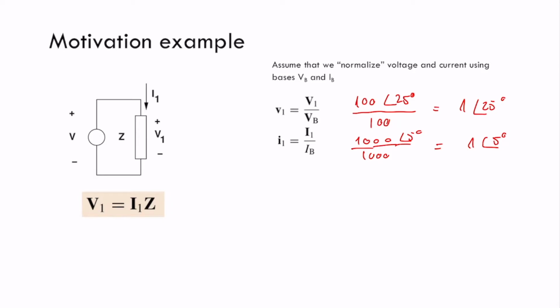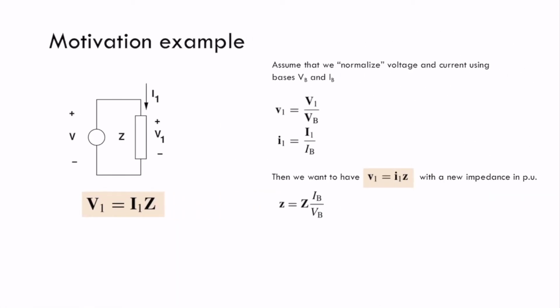Then what I need is just to choose these values. But it's most important to keep the connection with the physics laws that we have already seen, Kirchhoff's laws. For doing that, we have to find consistency between the base values, or reference values, that we are going to choose. For example, if we want the normalized, per unit voltage V1 to equal the current times the impedance, we will need to normalize the impedance as well.